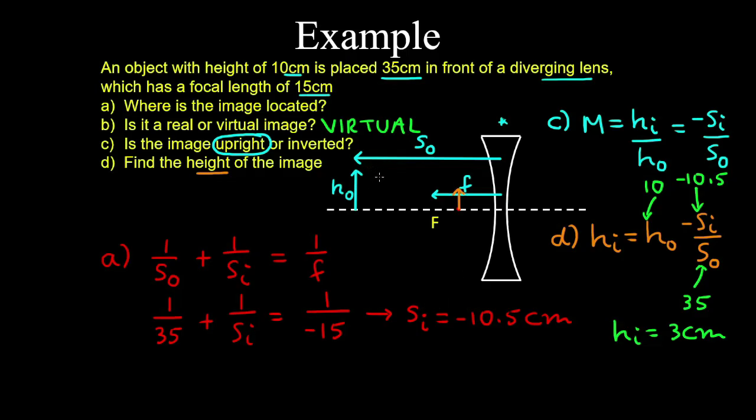So we can see it's about right if we do some ray tracing. So we have a principal ray along the principal axis, which gets refracted something like this. So if we extend the refracted ray to the focus, and then we pass another ray through the optical center, which doesn't get refracted.